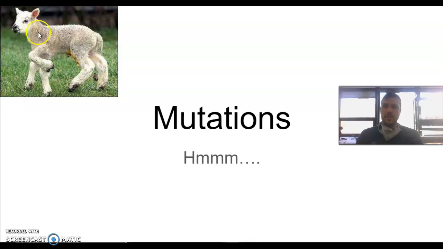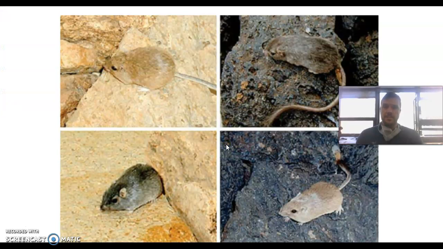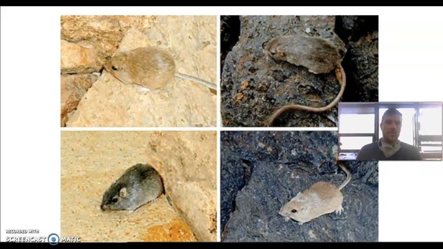So, for example, if I can get the slide to change, we've got these little rodents here called rock pocket mice, and they exist in all of these different color schemes. If you were to find them in various places, you'll see that the ones that are best matched to the rock type or rock color are the ones that survive the best.